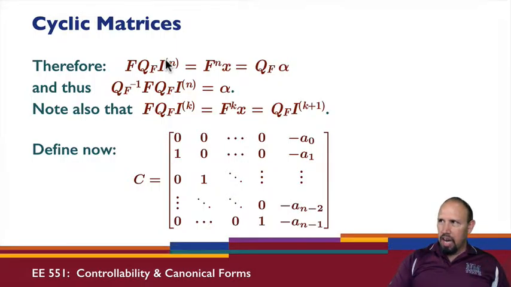So this is just picking off the last column of this matrix. So if I take this quantity now, and since QF is invertible, multiply on the left by QF inverse, I get this. So alpha is equal to all of this stuff.